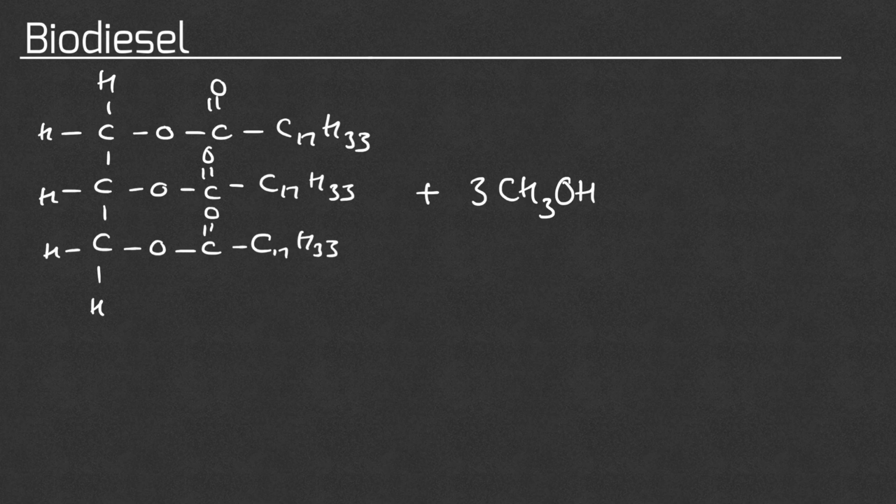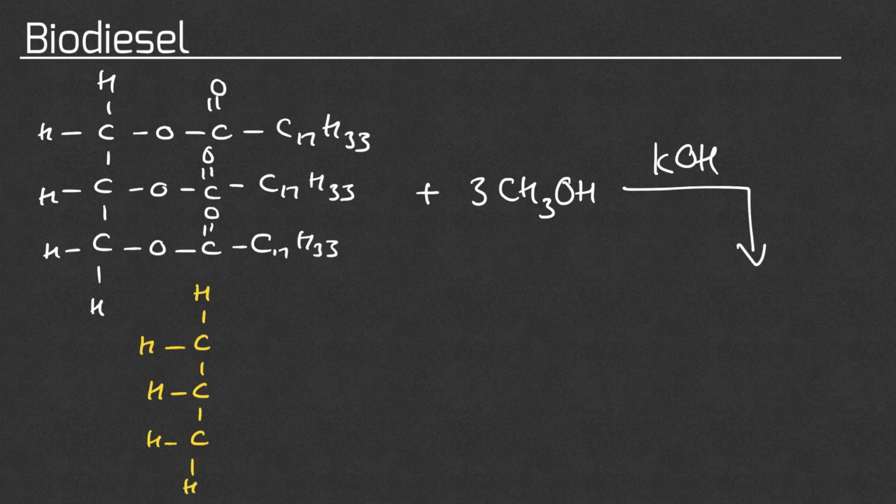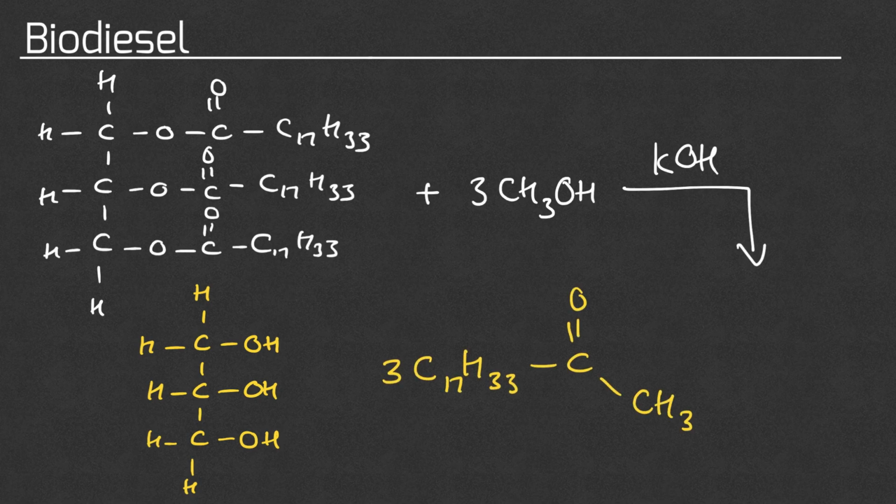Again, we're going to be hydrolysing all 3 chains, so we'll need 3 equivalents of methanol. Using that potassium hydroxide catalyst, this process will form glycerol, so we'll reform the alcohol we started with, and give us 3 methyl esters.